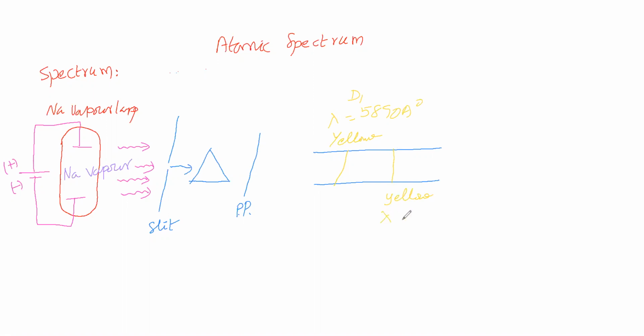Its wavelength is 5896 angstrom. We can call it the D2 line. The rest of the place is dark. It is the sodium spectrum.